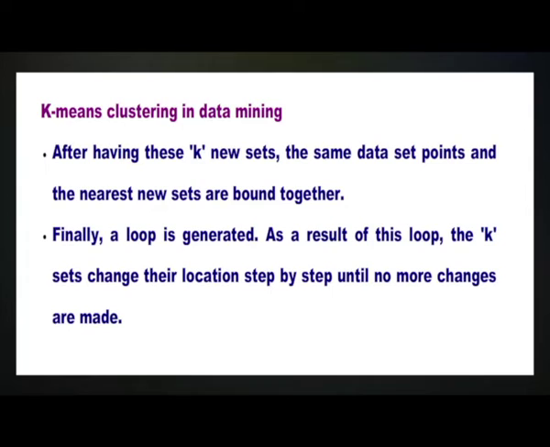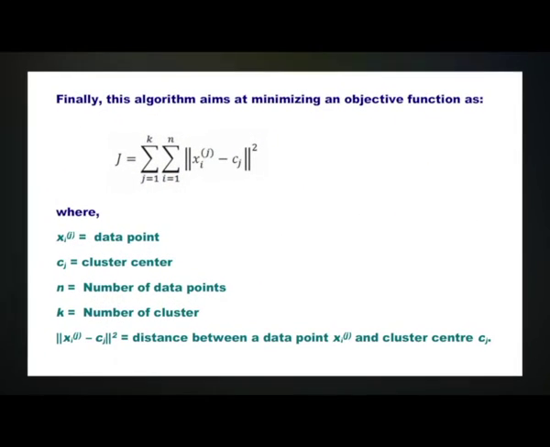After having these k new sets, the same data set points and the nearest new sets are bound together. Finally, a loop is generated. As a result of this loop, the k sets change their location step by step until no more changes are made. These are all the steps which we have to follow in this algorithm.